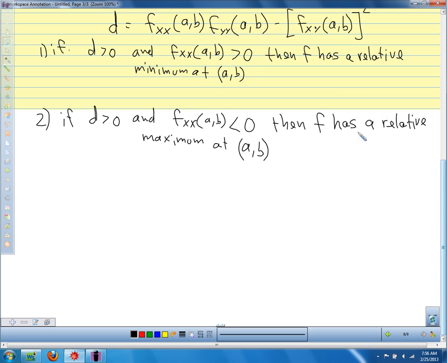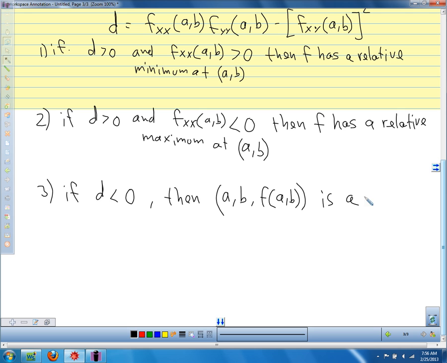Our third condition, if D is less than 0, then we have a saddle point. So our point (a, b), f of (a, b), is a saddle point.